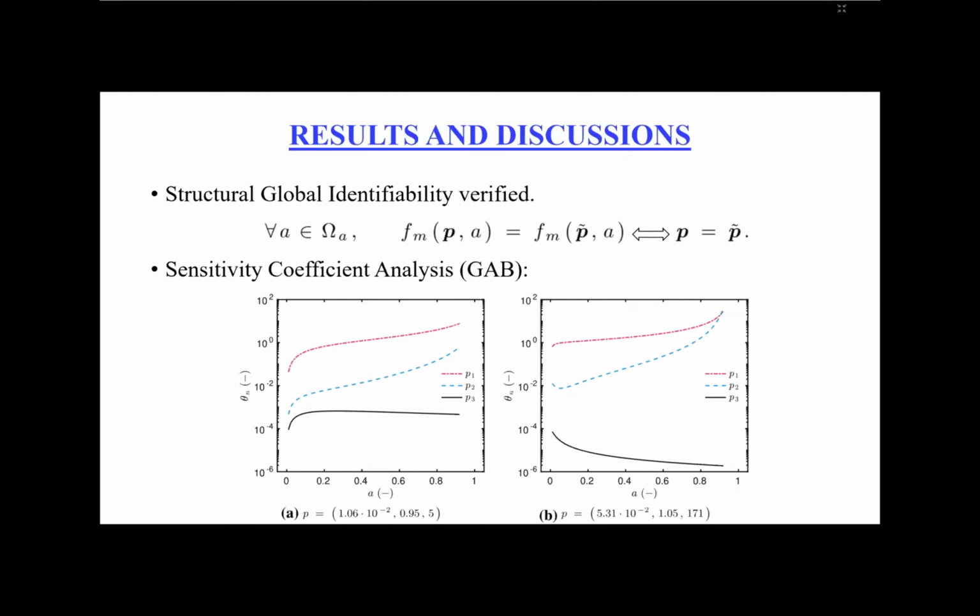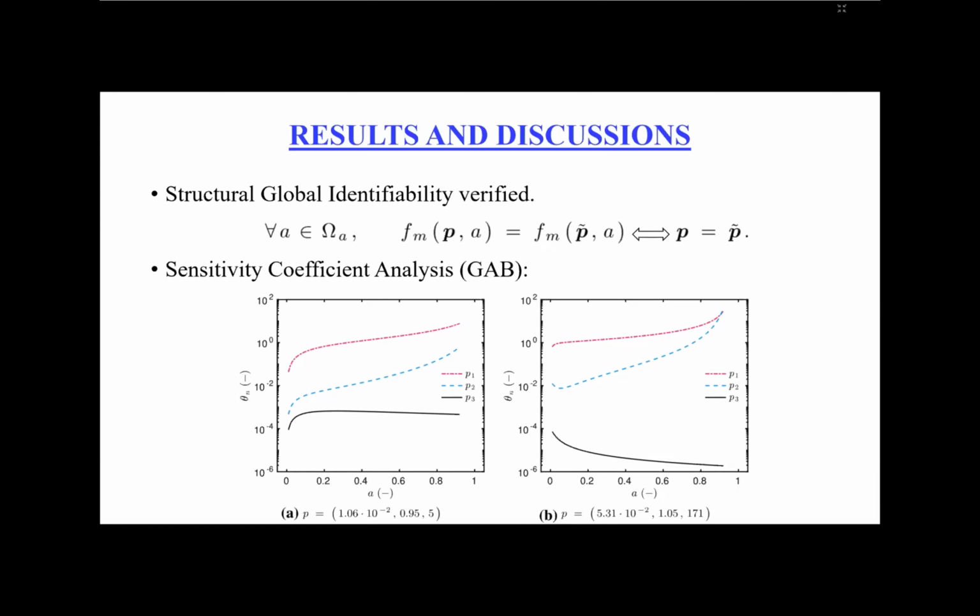The sensitivity coefficients were also examined for each parameter. The sensitivity coefficients are given by the first derivative of the model response, in this case the moisture content, with respect to each parameter, represented by the variable theta. As an example, we present in this slide the sensitivity coefficients for the parameters of the GAB model.